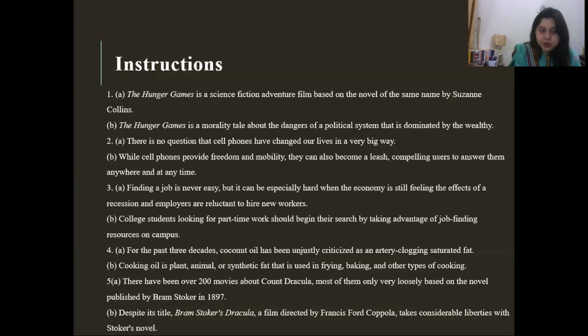See, if you read the first one, it says there have been over 200 movies about Count Dracula, most of them only loosely based on the novel. अब आपको अगर Hunger Games वाली एग्जाम्पल याद है अब तक, तो इसमें भी probably एक बैकग्राउंड बता रहा है राइटर. तो ये बैकग्राउंड के तौर पे तो सही है, लेकिन we cannot term it as a thesis statement. ठीक है? क्योंकि इसमें we only know that it has 200 movies about Count Dracula, and most of them are based on the novel published by the writer Bram Stoker in 1897.